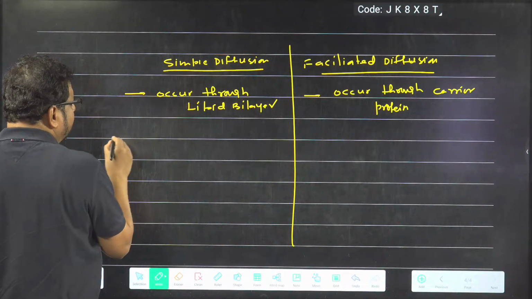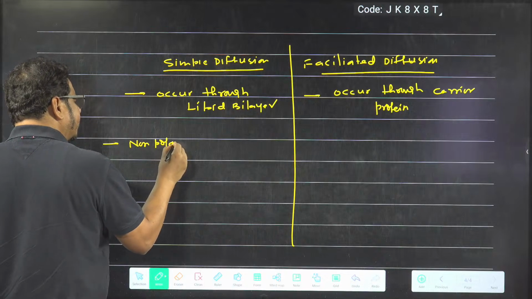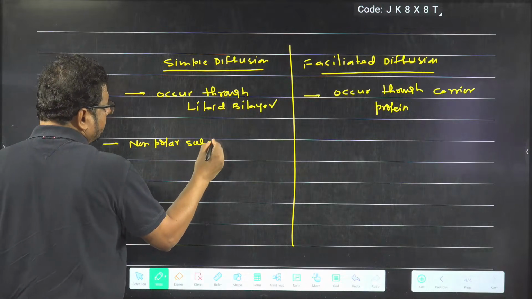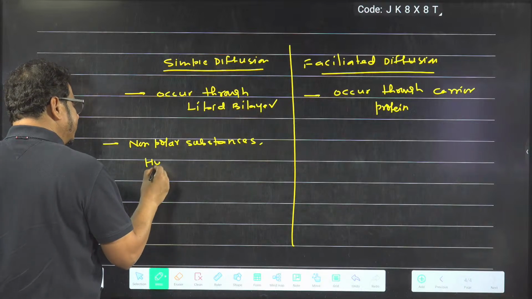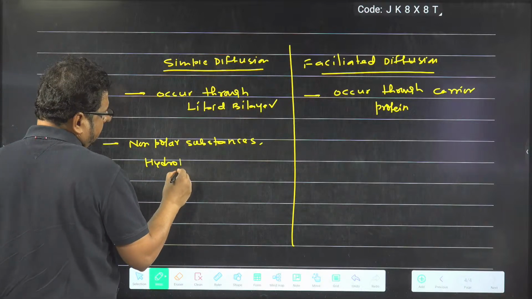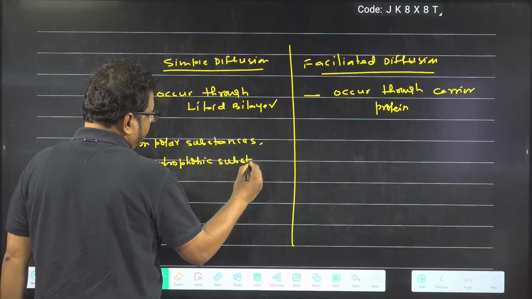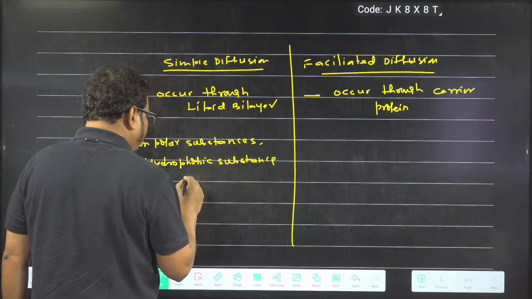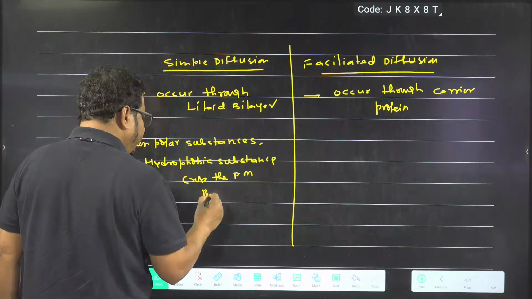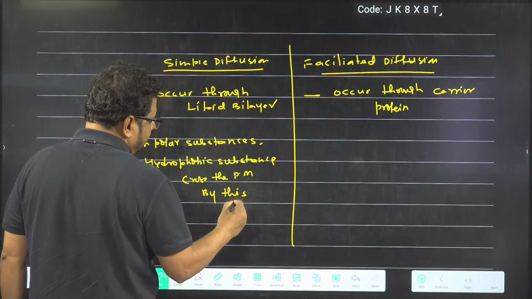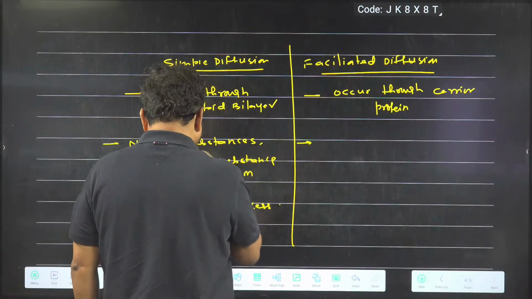Who passes through the simple diffusion method? Non-polar substances, hydrophobic substances cross the plasma membrane by this process. This process means the simple diffusion process. Here who crosses?